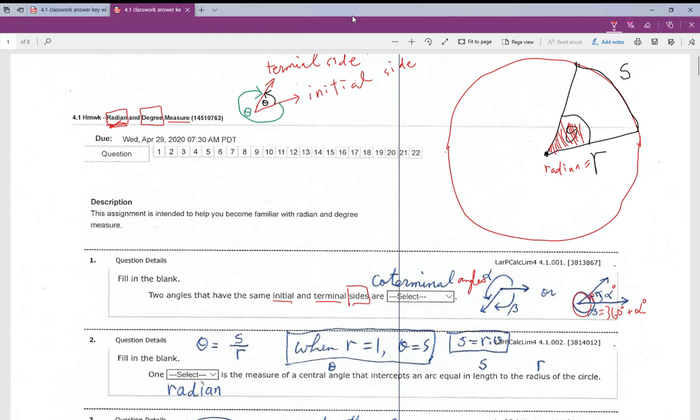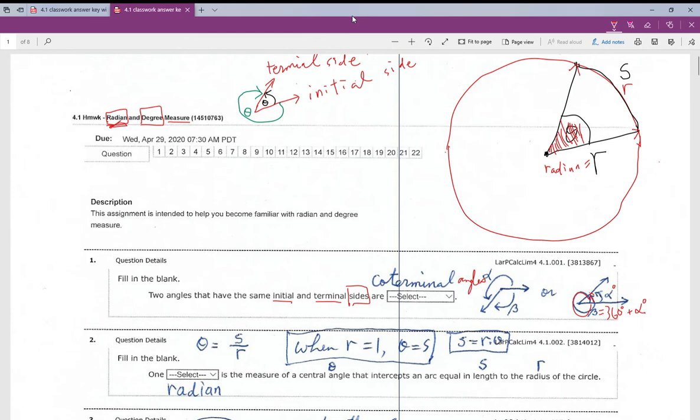Now, how do I decide an angle here? If one angle opens from the initial side to the terminal side, and the opening happens to be the same size, that is, if you straighten this curve, its distance happens to be r, in this case we say this angle has a measure of 1.